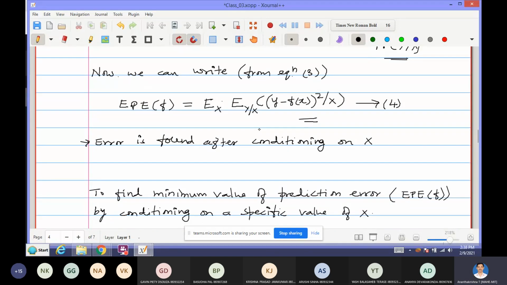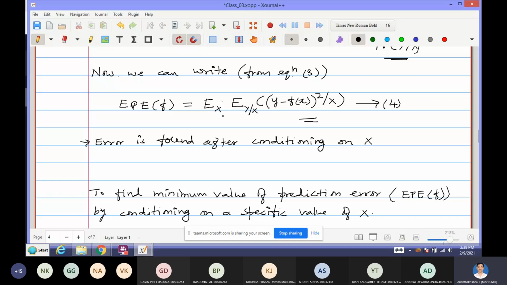Now what exactly this equation 4 represents is the expected error, the expected prediction error. Our objective is to minimize the error, right? Okay, so in order to find the function, we have to minimize this for a given value of x, and we have to do it for all possible values. The EPE of x for a given value of x.